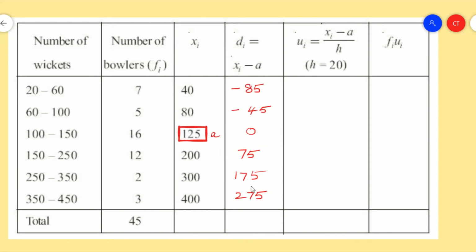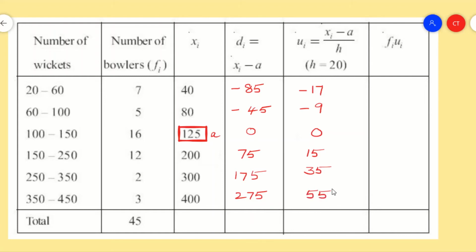All of these numbers end in 5 in the units place, so simply we can choose 5. I'm going to cancel 5 in all these numbers. Then we get minus 17, minus 9, 0, 5, 15, 55.